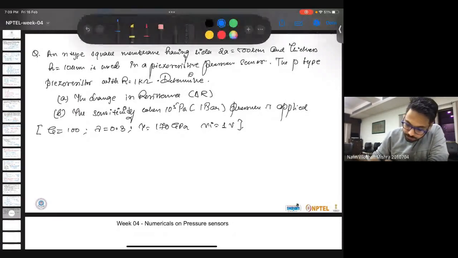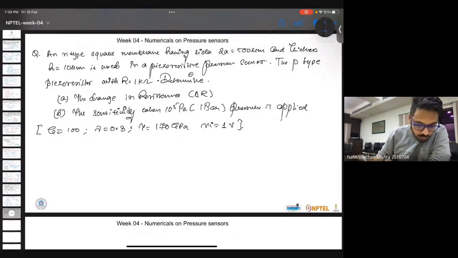Okay, so we know that gauge factor is given by change in R by R upon strain.